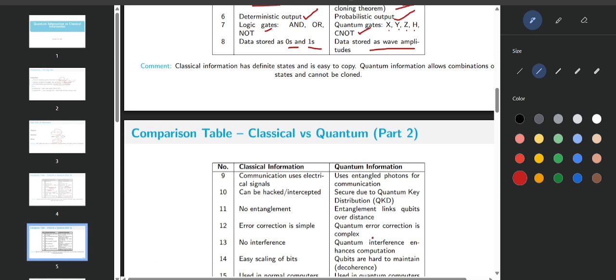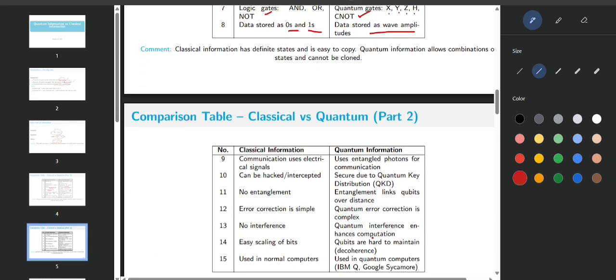Moving on to the ninth point, classical computers use electric signals for communication, whereas quantum computers use photons and use entanglement, the particles that remain connected even when they are far apart. That you need to write.